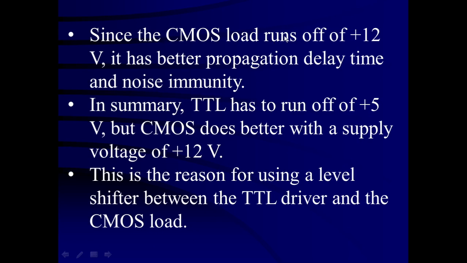Since the CMOS load runs off of 12 volt, it has better propagation delay time and noise immunity. That means propagation time is not going to suffer, and noise immunity is also not going to be decreased. In summary, a TTL has to run off of plus 5 volt, but CMOS does better with a supply voltage of plus 12 volt.